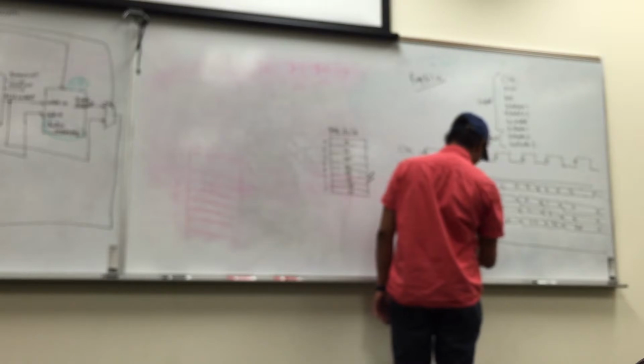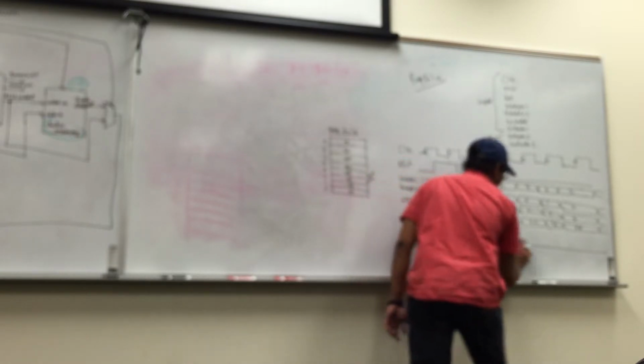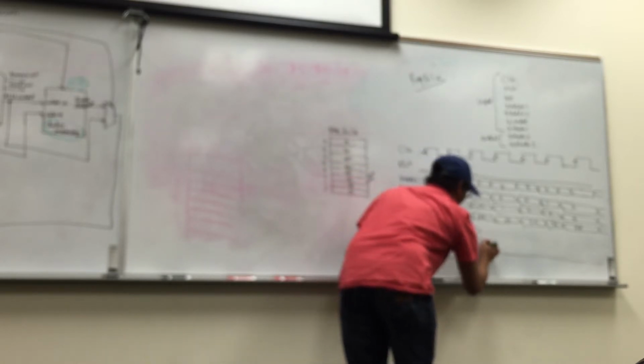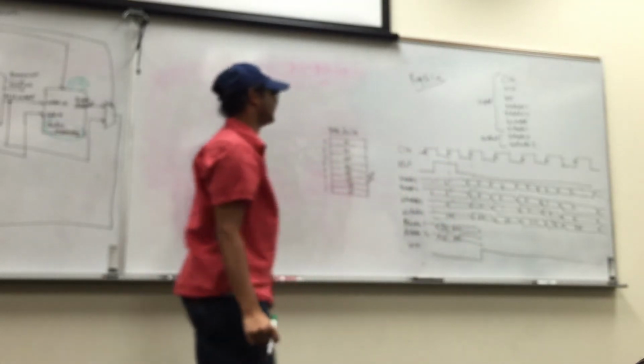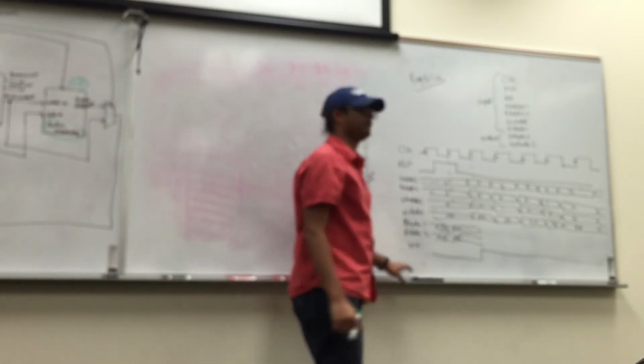So what happens here? Write enable is high. So what should happen first?